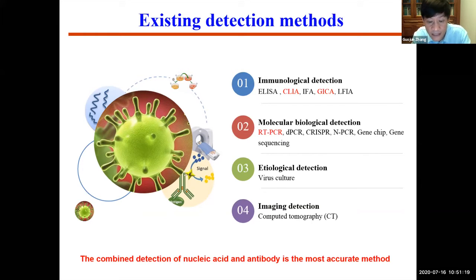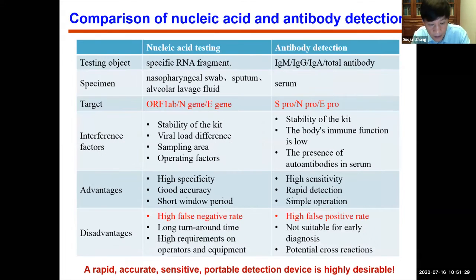We think recently in clinical laboratories, combined detection is the main testing strategy. Now let's focus on the comparison of nucleic acid and antibody detection. This table shows the performance of nucleic acid testing and antibody detection.